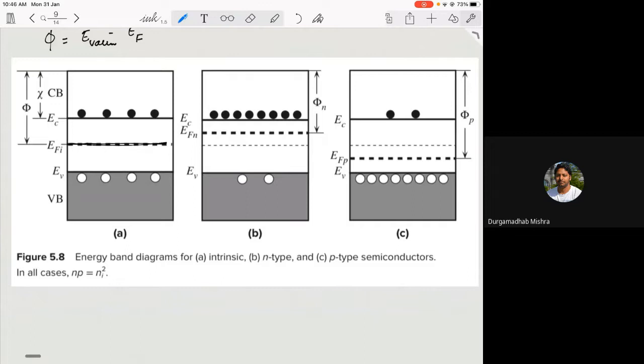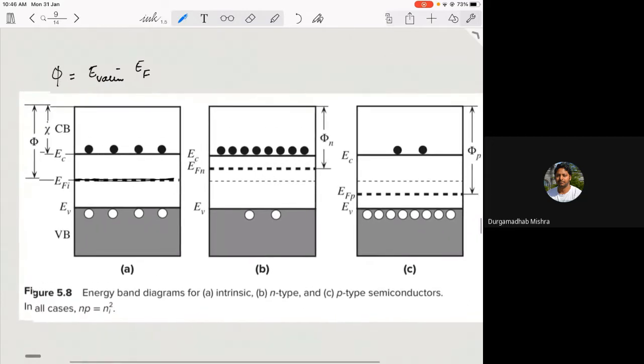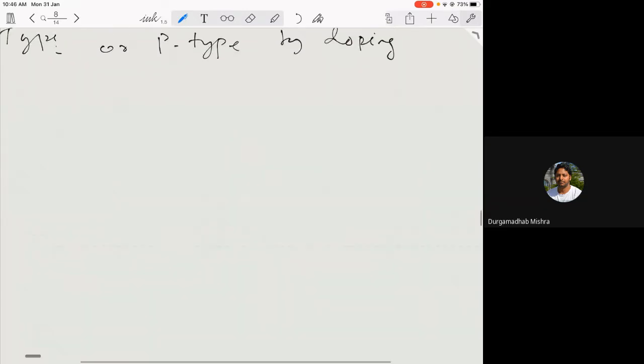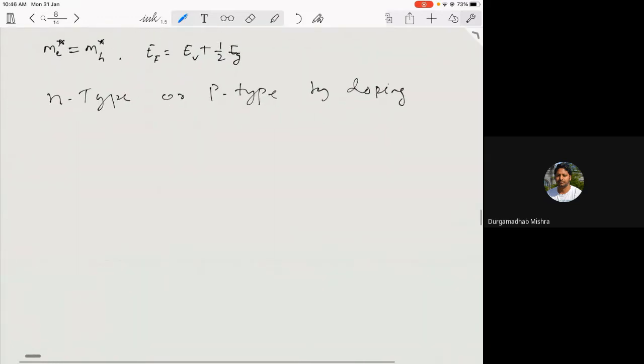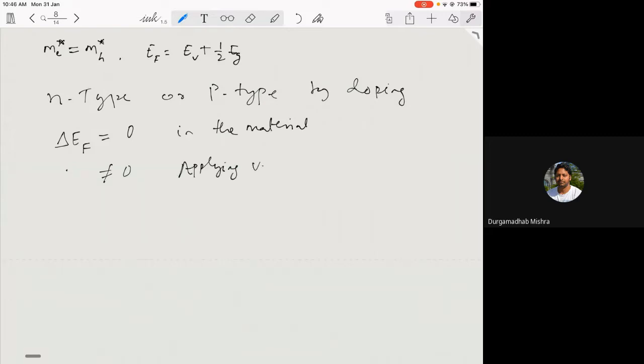And one significance of the Fermi level we discussed earlier, the same thing also holds true here. So delta EF will be equal to 0 in the material. When will it be non-zero? Only when you are applying a voltage or illuminating it.